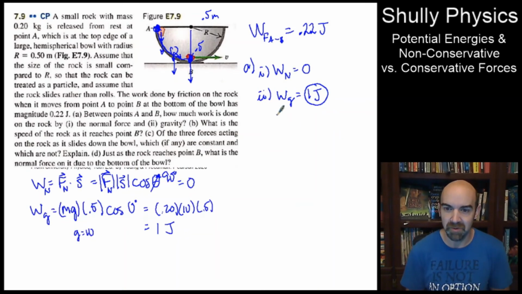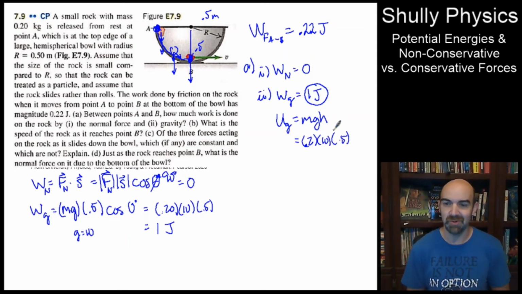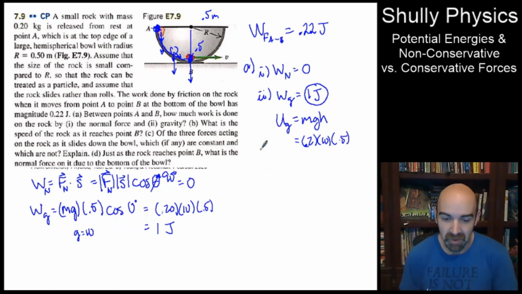And now recall back to our discussion about potential energy. Notice potential energy at the top would only depend on the height, and it would be equal to the 0.2 times 9.8, or 10, times the height of the bowl. There we go. It's the same exact way to figure it out. There's the potential energy. All right, so the potential energy is equal to the work done by gravity. Woohoo! Part B.